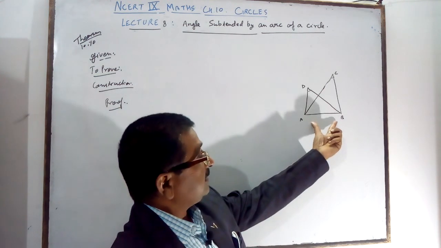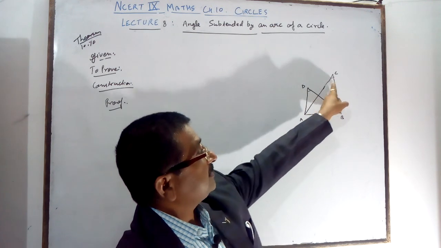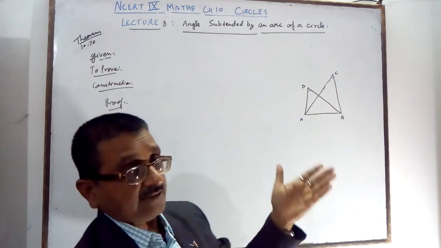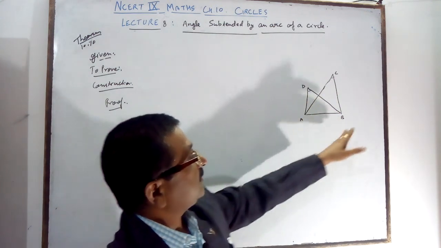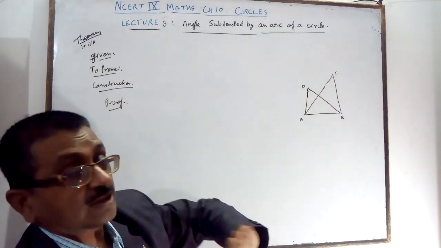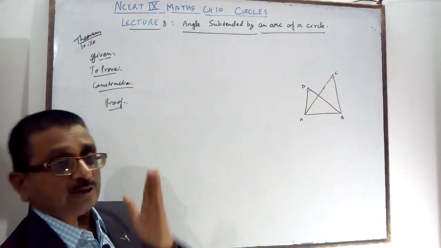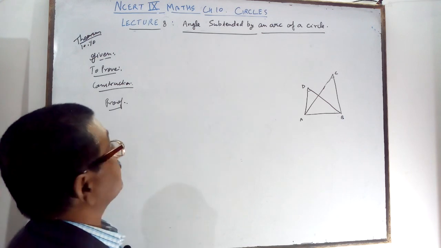If AB is a line segment, and C and D are 2 points lying on the same side of AB subtending equal angles, then the 4 points lie on the same circle, that is, A, B, C, D are concyclic.